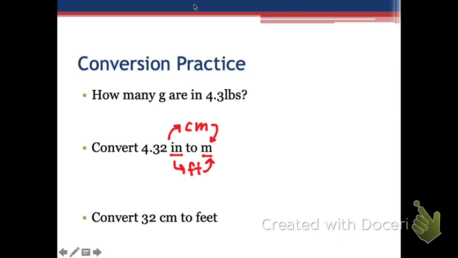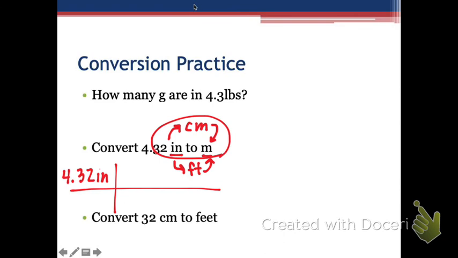Okay, I like to go inches to centimeters. So I'm going to go 4.32 inches. And I'm going to choose to go this route, inches to centimeters to meters. You can do it the other way and see if we get the same answer. I'm going to get rid of inches and go to centimeters. I'm going to get rid of centimeters and go to meters.